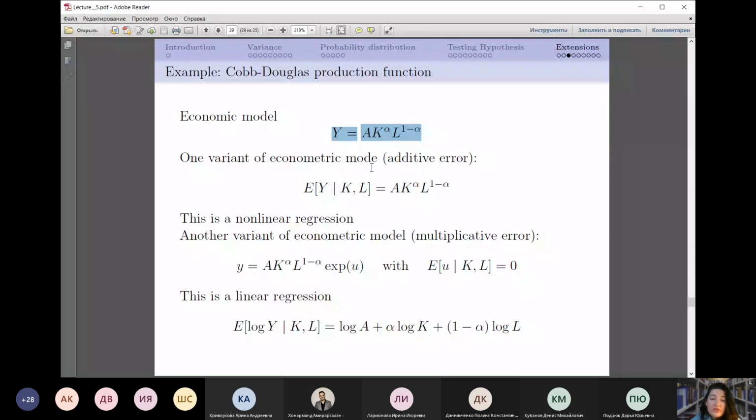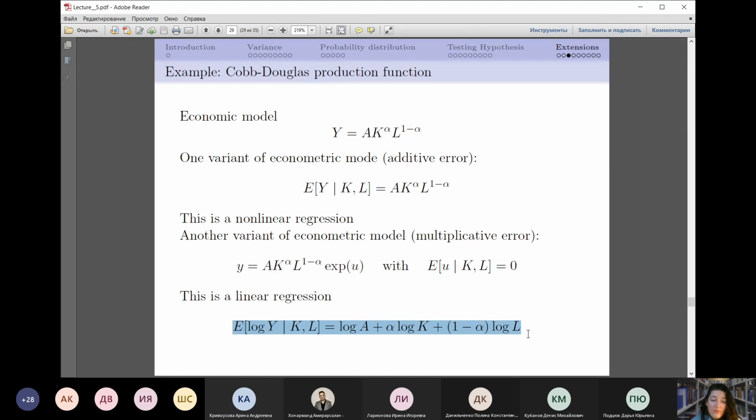So if we use log transformation, if we take the logarithm of both sides, the left side and the right side, we can transform our original model like this.